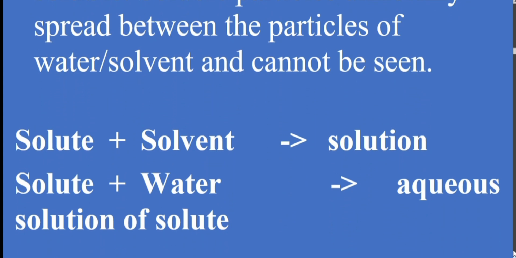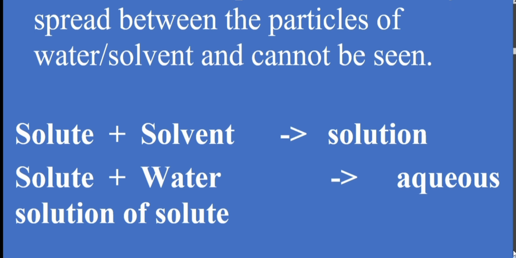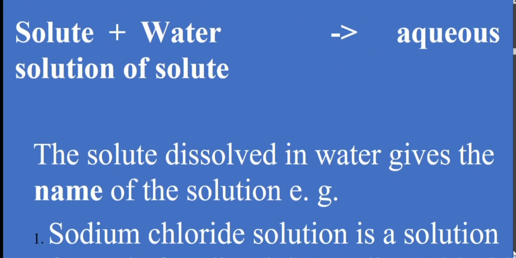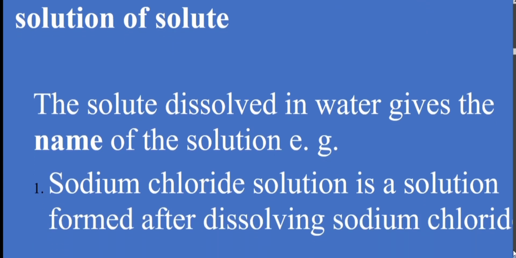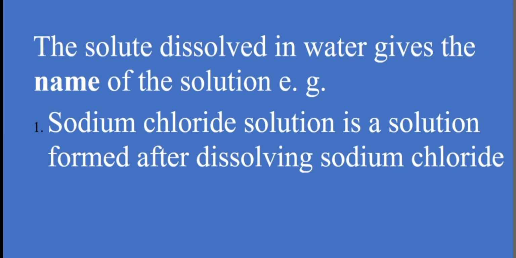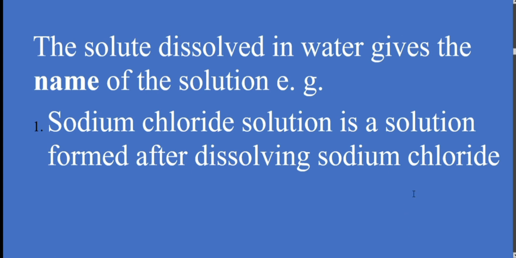Solute plus water, we have an aqueous solution of the solute. The solute dissolved in water gives the name of the solution. For example, in our first case, we had sodium chloride solution. Sodium chloride solution is a solution formed after dissolving sodium chloride in water.